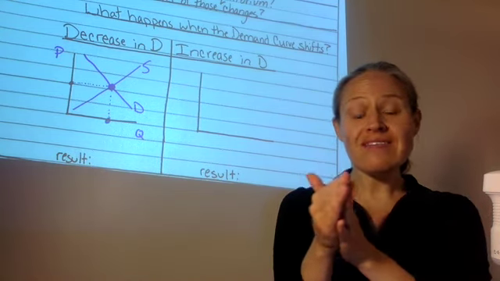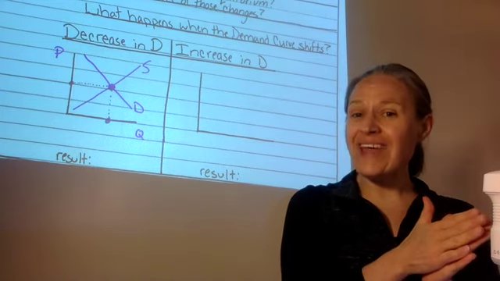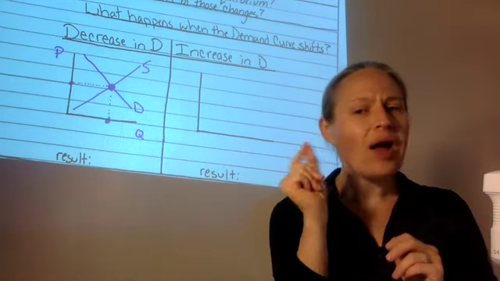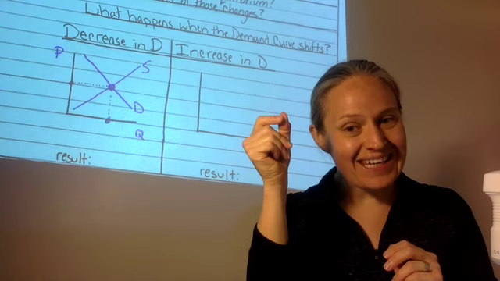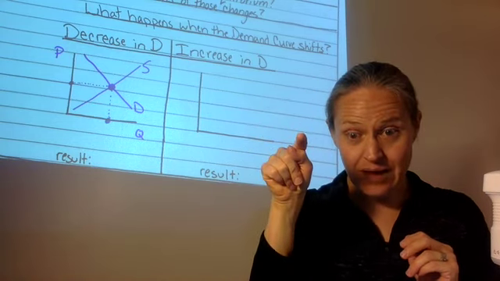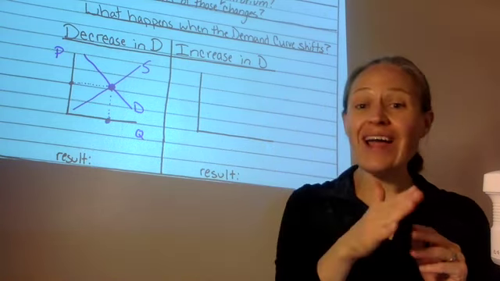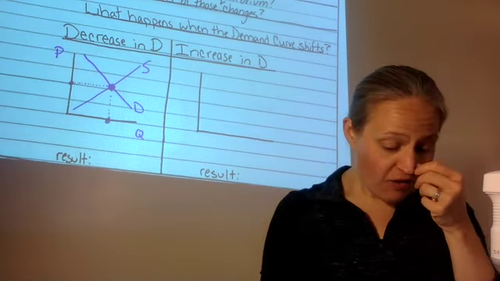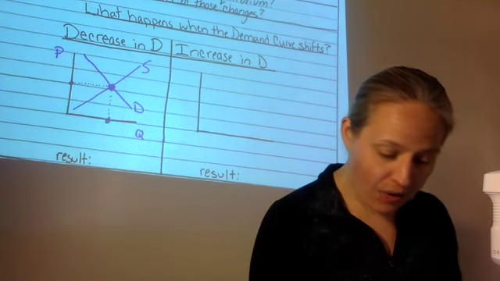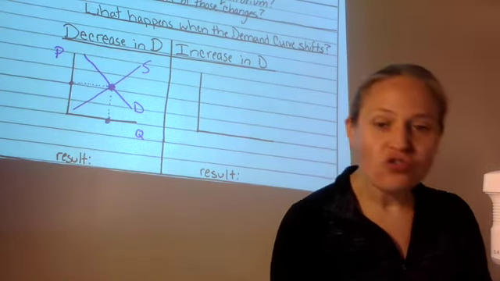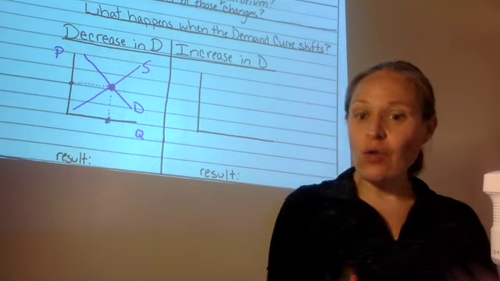So a decrease in demand means we're going to move to the left, and remember, quantity demanded is a point, but demand is a whole line, so we're going to have a whole new line. So let's draw in our new demand curve to the left of our old demand curve.